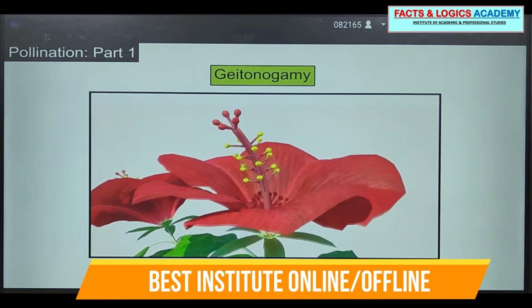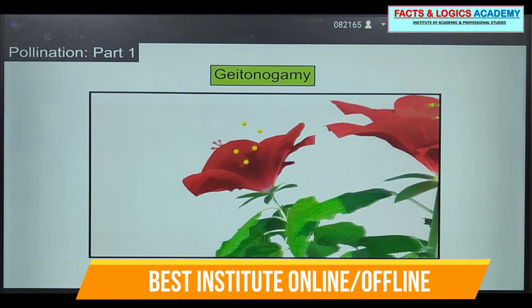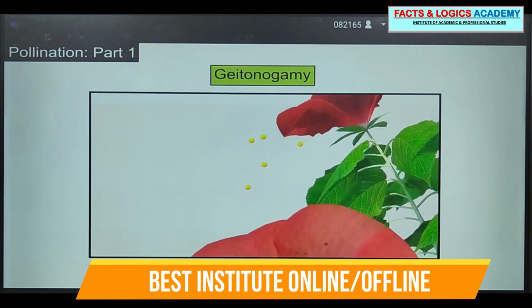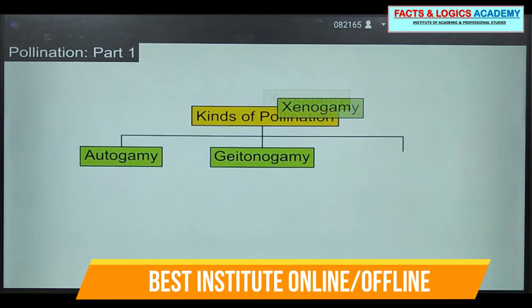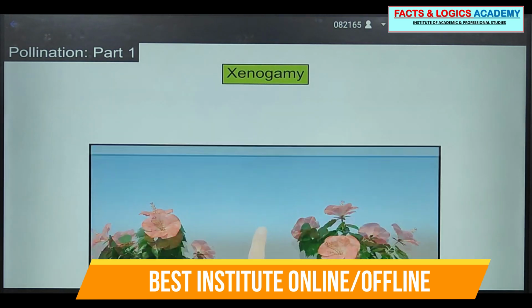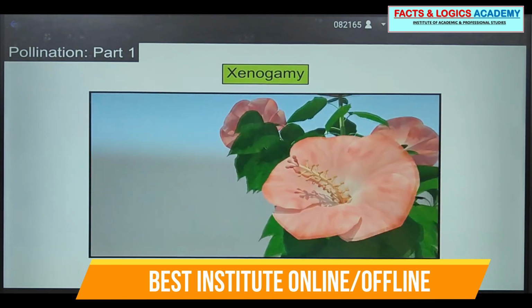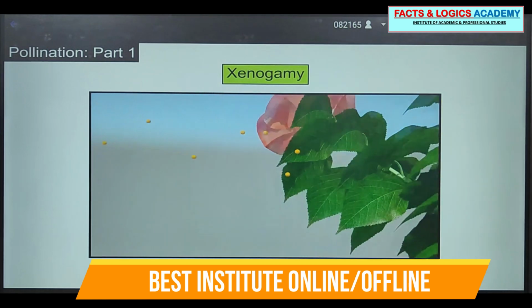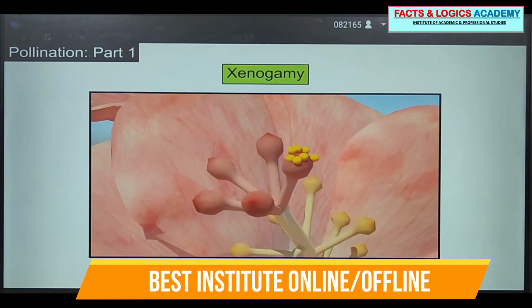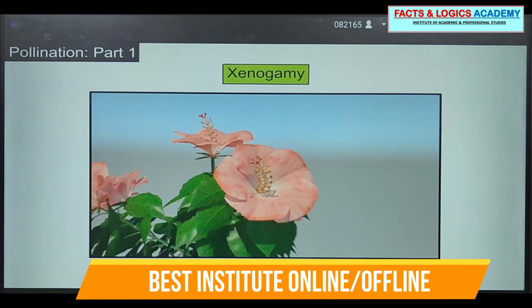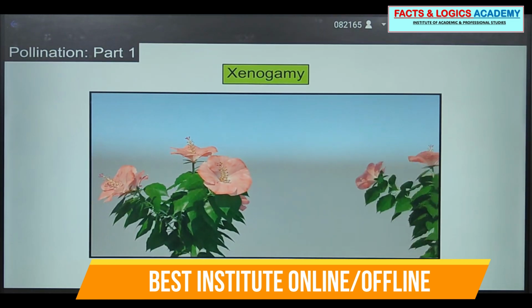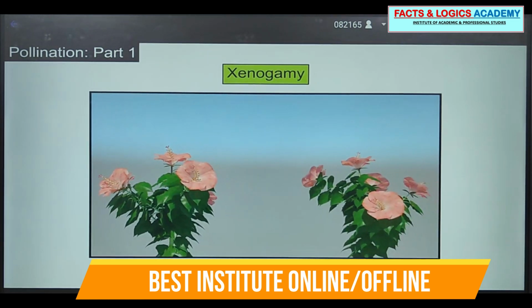And genetically, it is similar to autogamy, since the pollen grains come from the same plant. And lastly, we have xenogamy. In xenogamy, the pollen grains are transferred from the anther to the stigma of a different plant. This is the only type of pollination which brings genetically different types of pollen grains to the stigma.